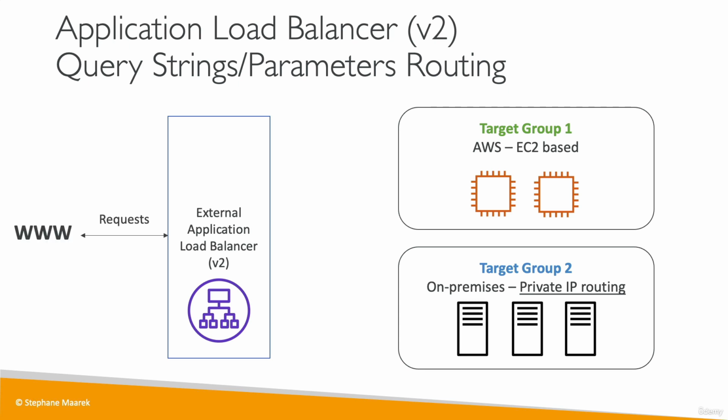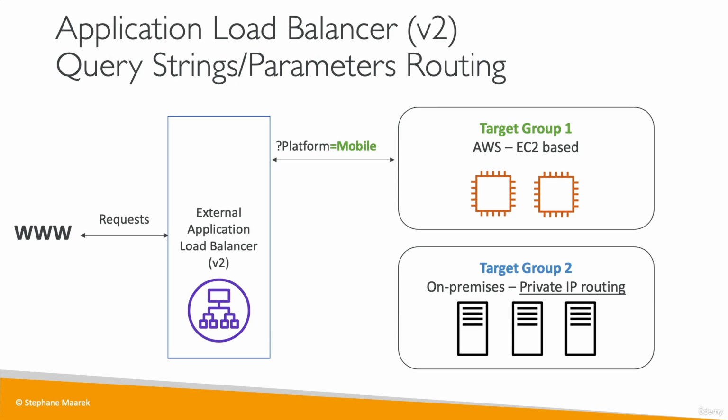Now say we have an application that is serving its requests through the ALB. What we want is to send to the first target group all the mobile-based traffic, and to the second target group all the desktop-based traffic. For this, we can use, for example, query string or parameters routing.